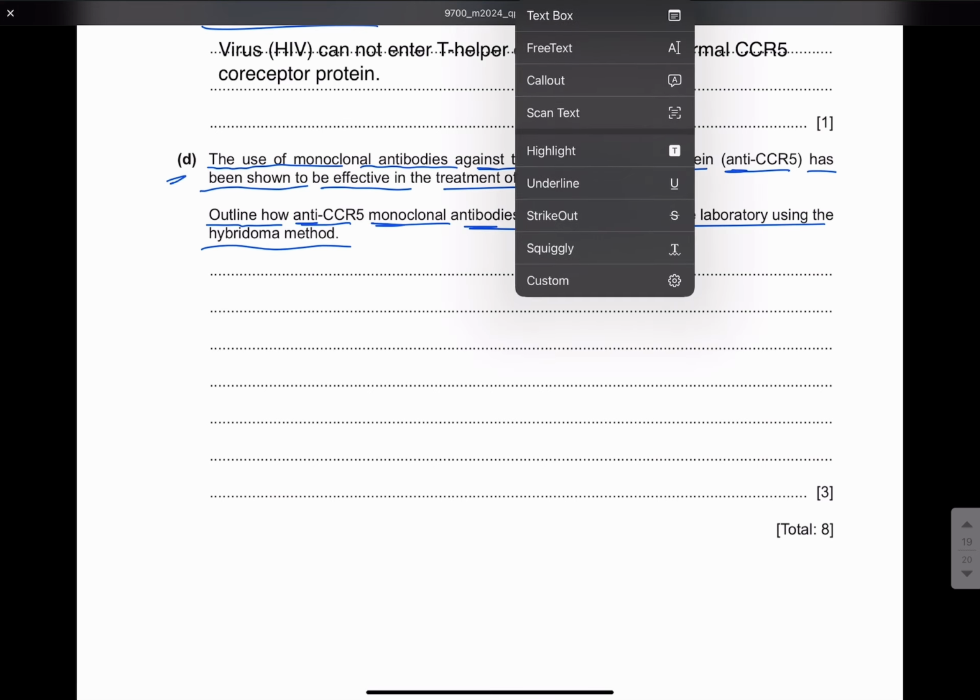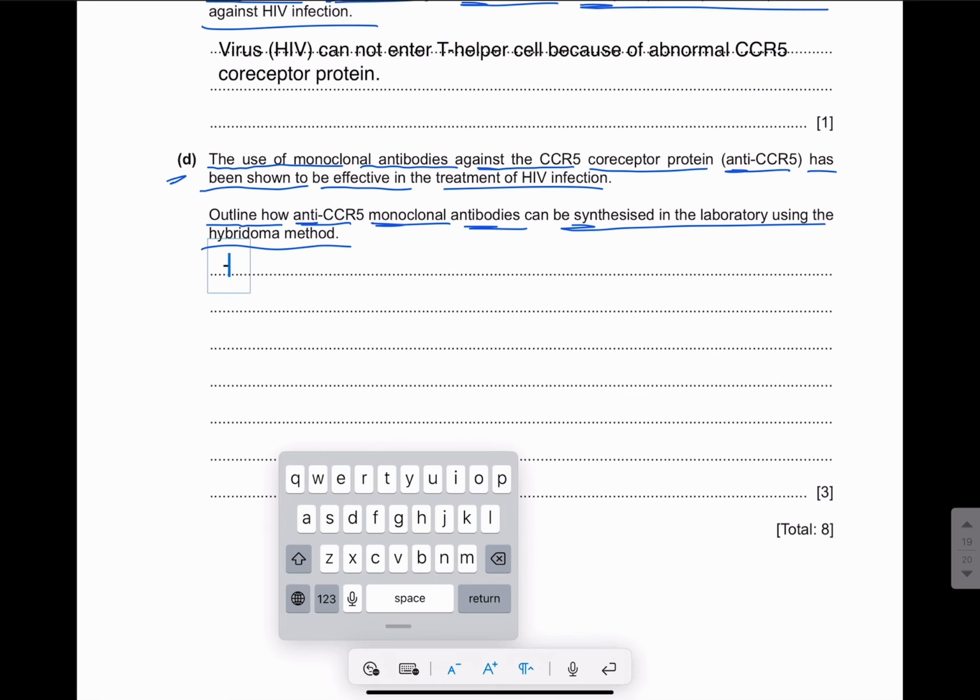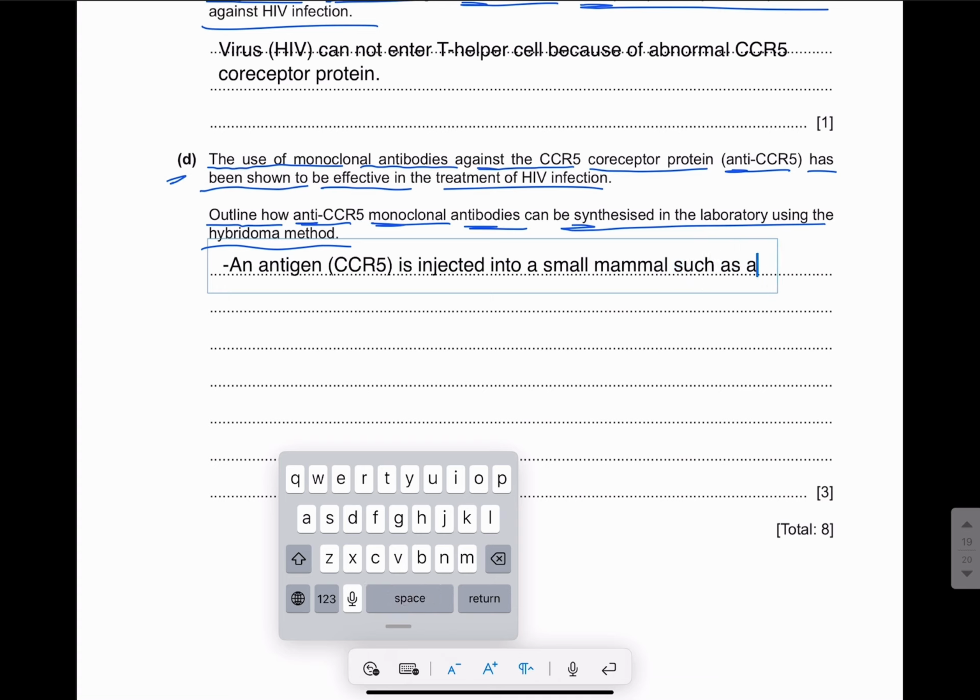So you all know that firstly an antigen is injected, an antigen which in this case is CCR5. It is injected into a small mammal, such as a mouse.